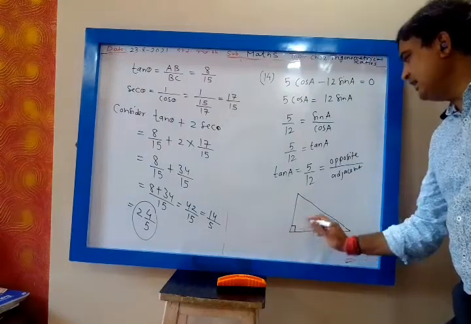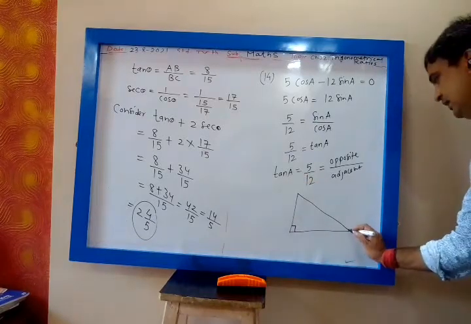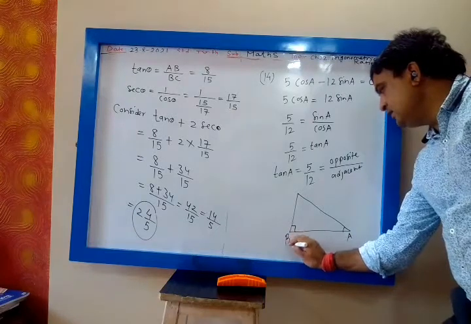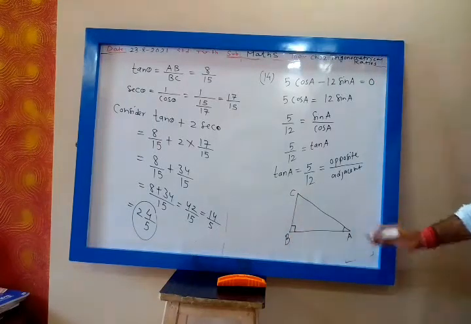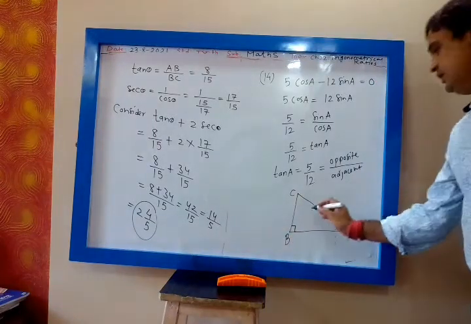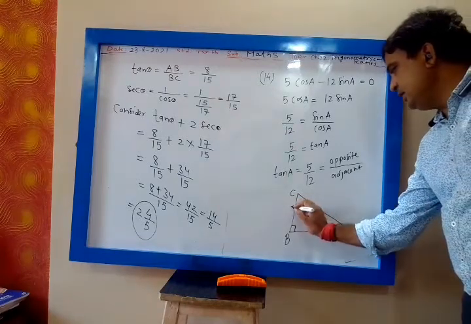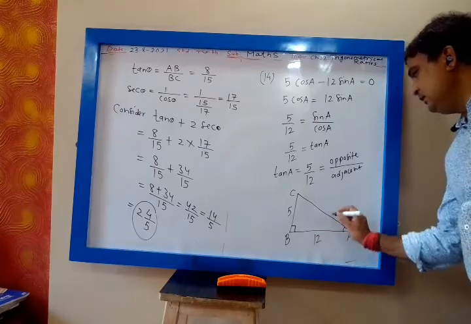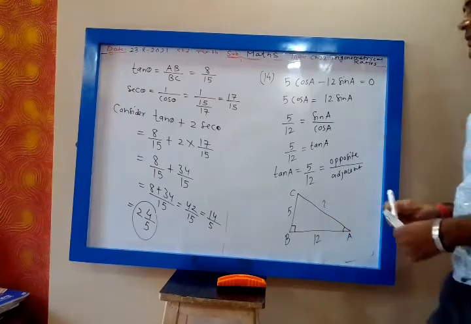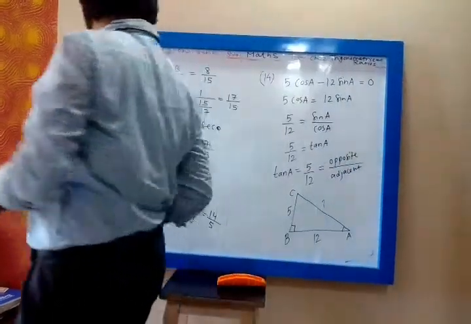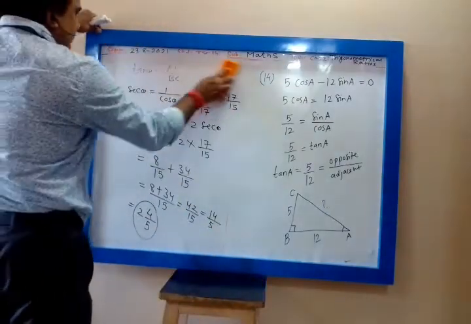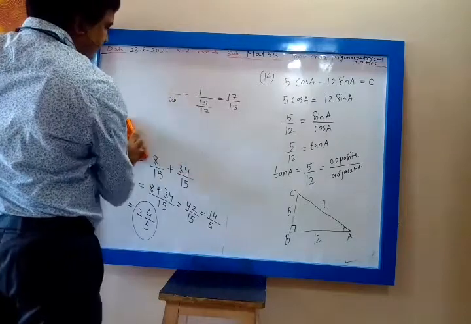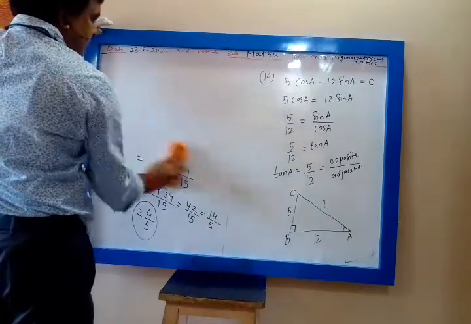A. So I will take this as A, triangle ABC, A is my reference angle. Tan A is opposite upon adjacent. Adjacent is 12. So use Pythagoras theorem and find this.